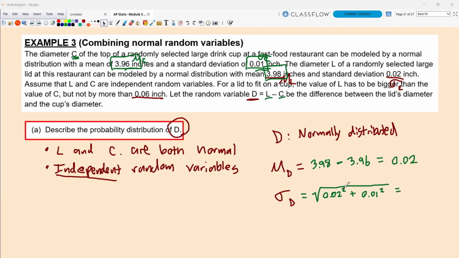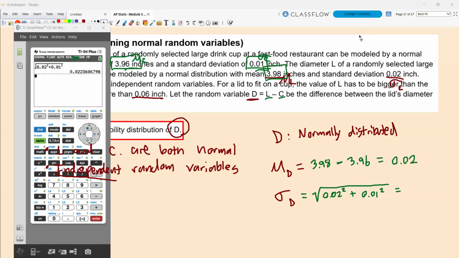Square them, add them, put them under the square root. Do it all in your calculator, and you can get that answer for the standard deviation. In this problem, you're going to get 0.02236. You can go out a few decimal places. I'm going to go out to the 6. The more precise you are, the more accurate your estimate's going to be, by the way.